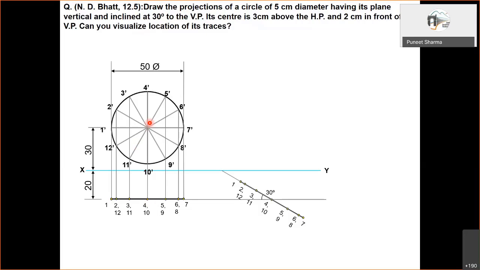The center is coincident with 4 and 10 at this location. So this has been kept at a distance 2 centimeter in front of VP, and therefore here below the XY line 2 centimeter. Then at 30 degree, this top view is reproduced. At 30 degree, we again draw the top view, inclined 30 degree.